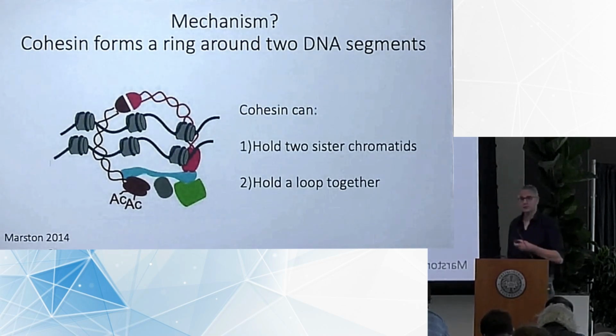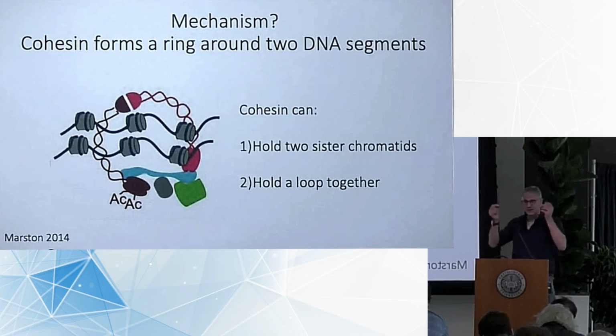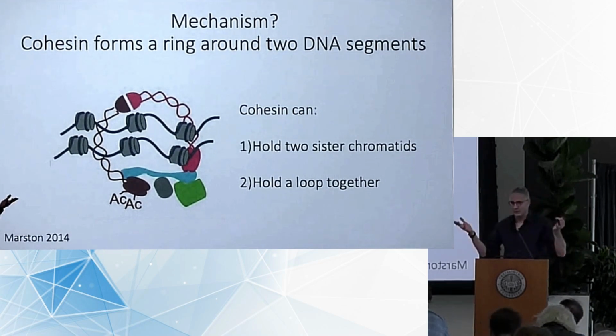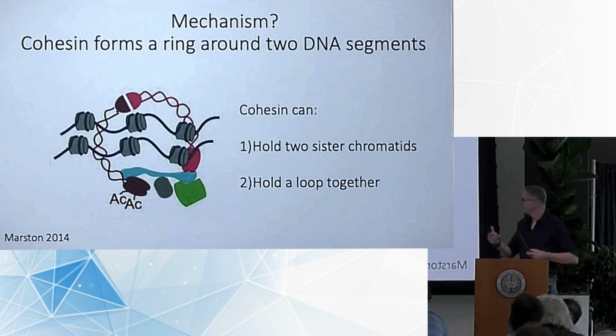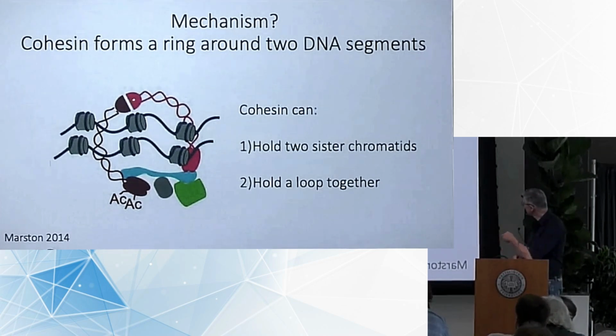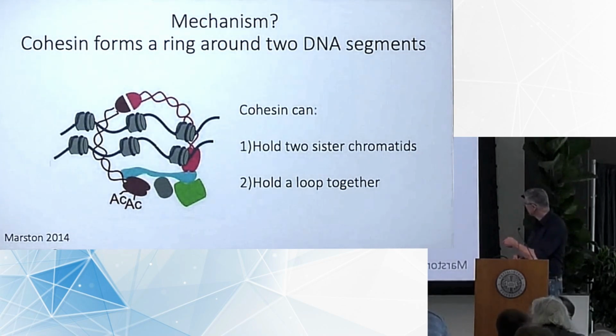Second, what about the cohesin complex itself? We like to draw it as this ring-like structure that can embrace two pieces of DNA. Originally it was found as the complex that can hold sister chromatids together, but does it do loop extrusion in the same way?